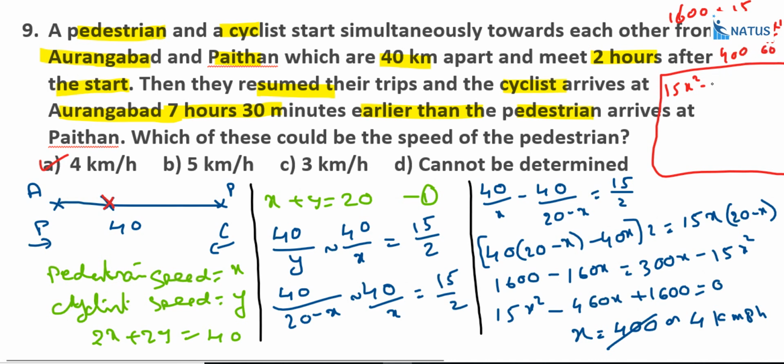So 15x square minus 60x minus 400x plus 1600 is equal to 0. If you solve this equation, then you will get the value of x, right?